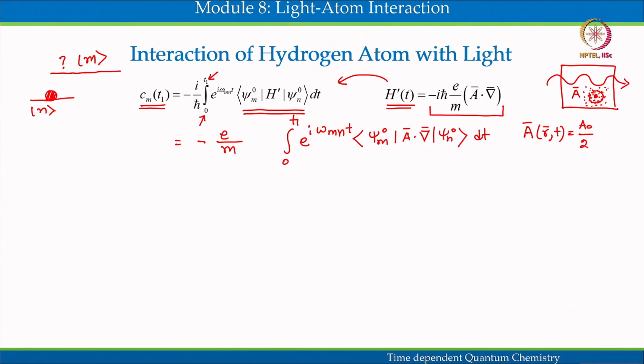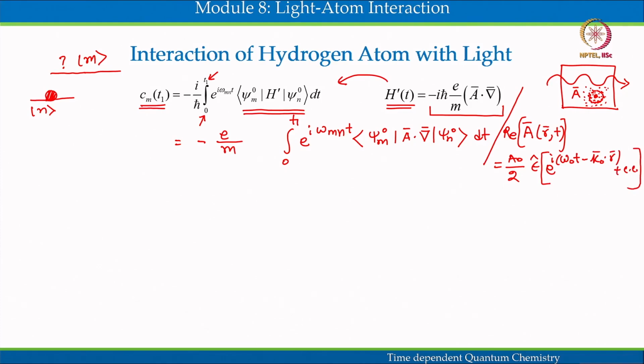We have seen that the real part of A can be expressed as A naught by 2, that's the amplitude divided by 2, then epsilon, the unit vector along the polarization direction, and then e to the power i omega naught t minus k naught dot r plus complex conjugate. That's the way we have already seen it.